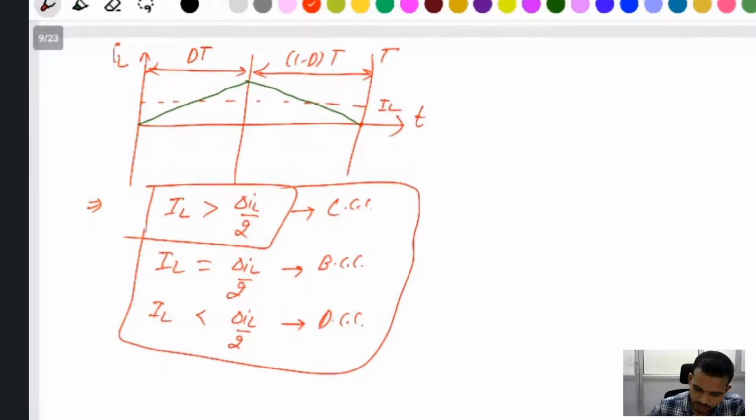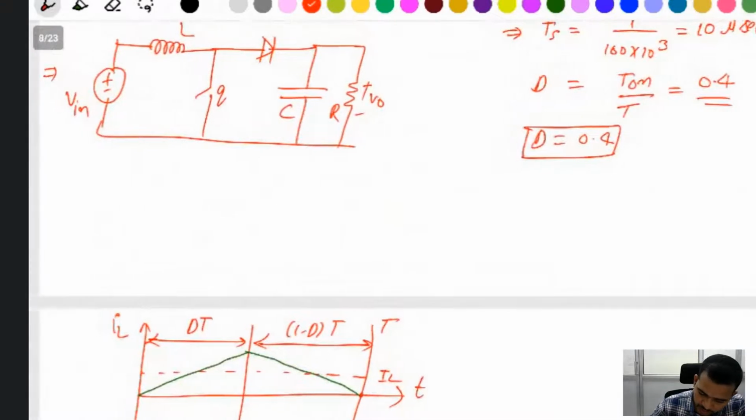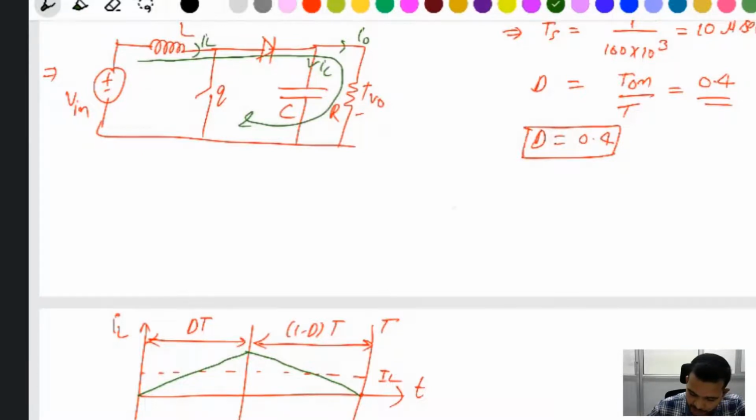Then find IL and delta IL. You see here, for IL, when the switch is on, this current flows like that, and this one is I naught, IC. When the switch is off, this IL flows like that.